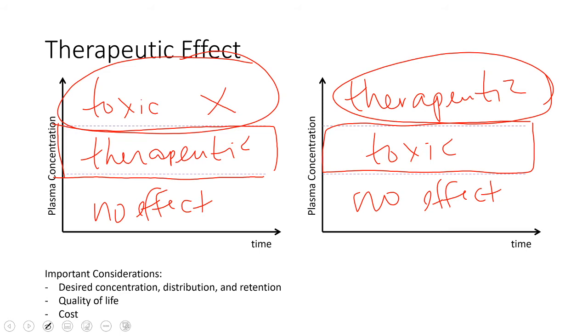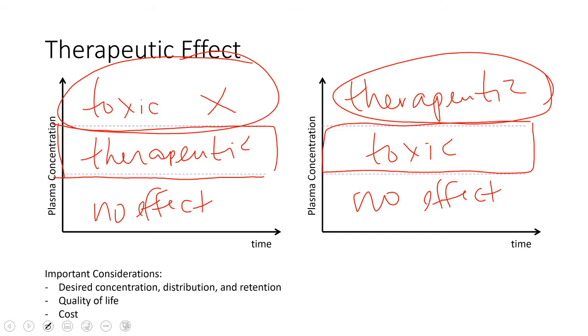An area where this is very prominent is chemotherapy, because it's very well known that many chemotherapies have a very large toxic effect, but you also have to consider whether the quality of life is worth getting to this therapeutic effect. So you're trying to get a net benefit.